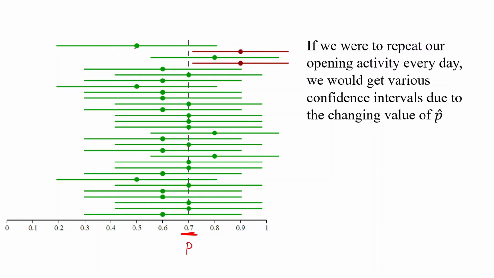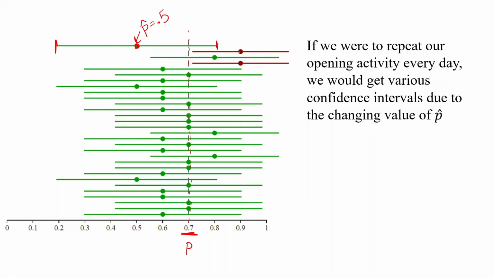And then this point right here, this is our point estimate. So in this first one, we got a point estimate of 0.5. And from that, we were able to create a confidence interval. And that confidence interval correctly captured our p value. You can see that right there in green. It is captured in our interval.